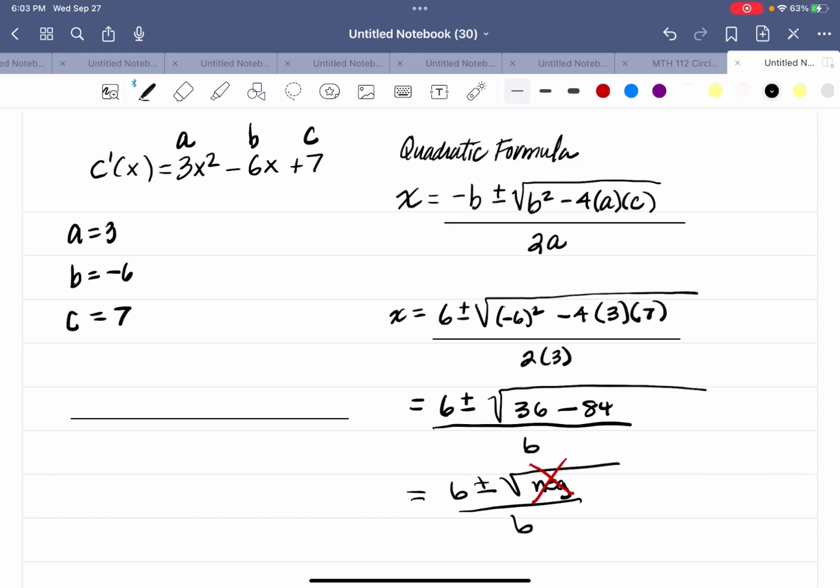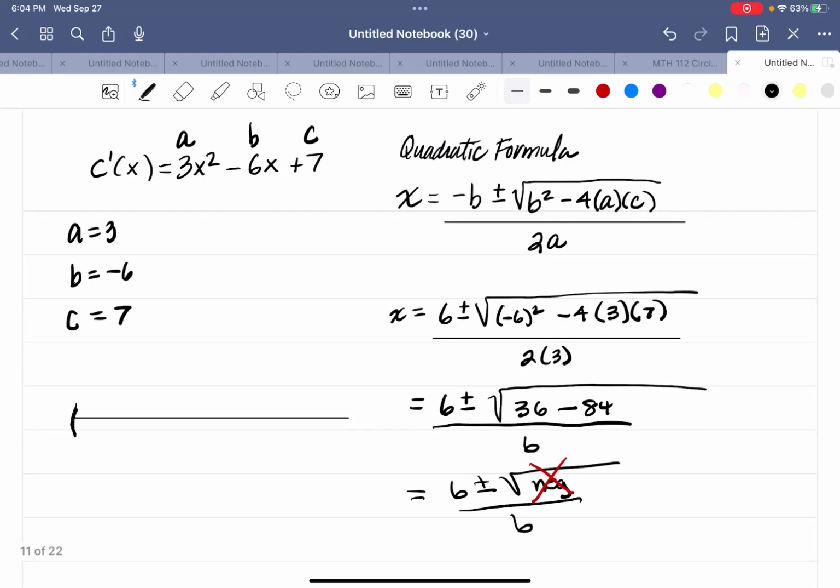We know we start at 0 because it doesn't make sense to have negative weed killer. And we can pick any number to the right of 0 to do our test. So I'll just pick a 5.